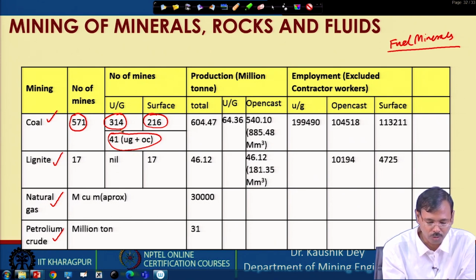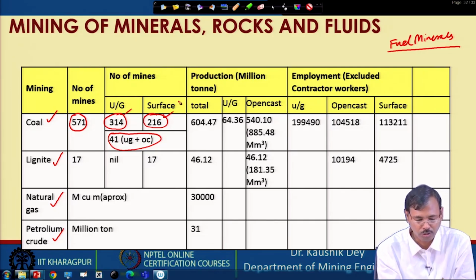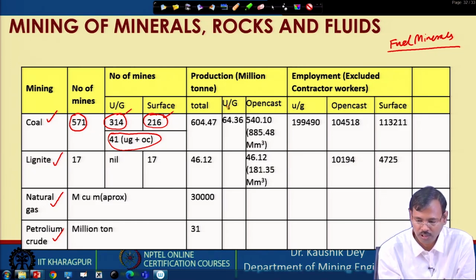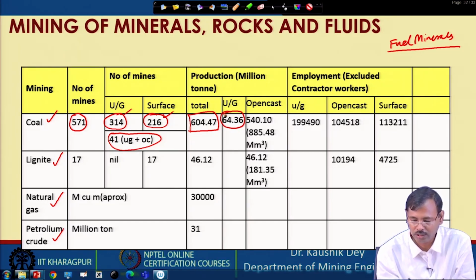So, this 41 is included here also. This is the total number of coal mines. The total coal production is 604 million tons. From underground the production is 64 million tons.